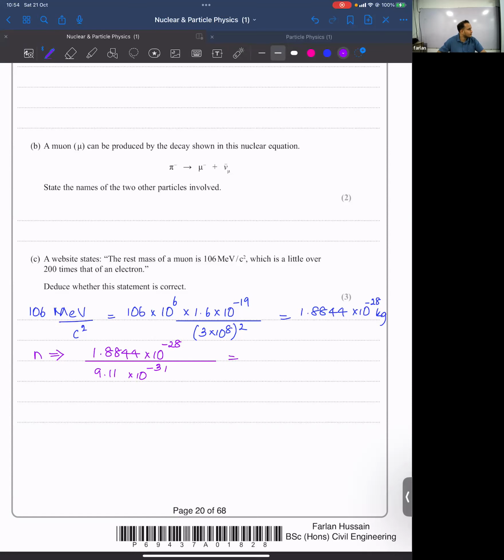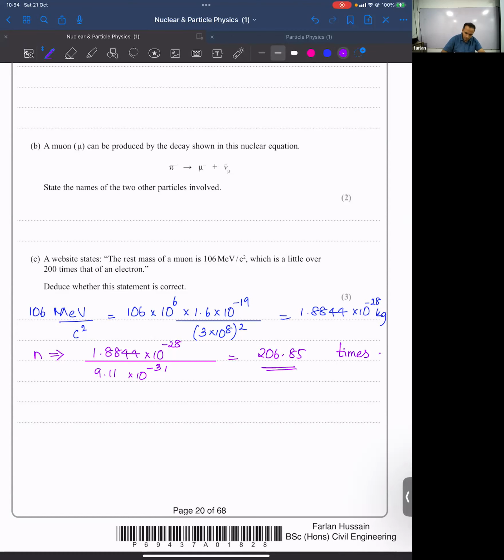Correct? Which is 206.85 times. Which means, deduce whether this statement is correct. Yes, the statement is correct.